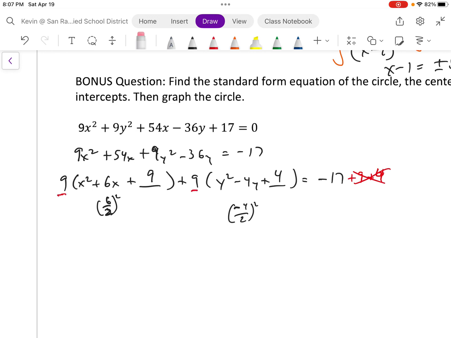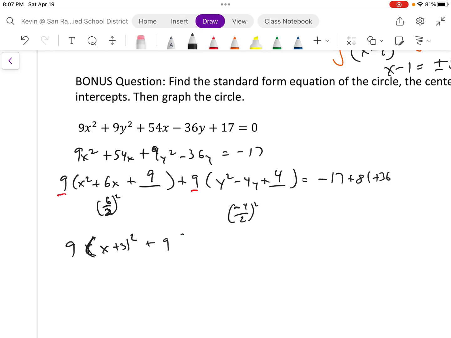Do not then go and add plus 9 and plus 4. Okay, don't do that. You have to take into account the fact that you have this 9. So what you really add on here is plus 81, because 9 times 9 is 81, plus 36.